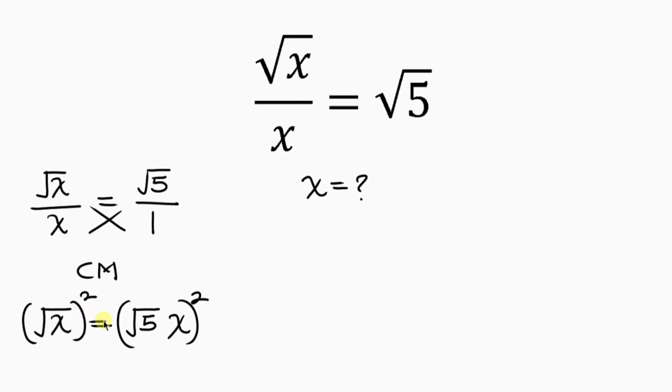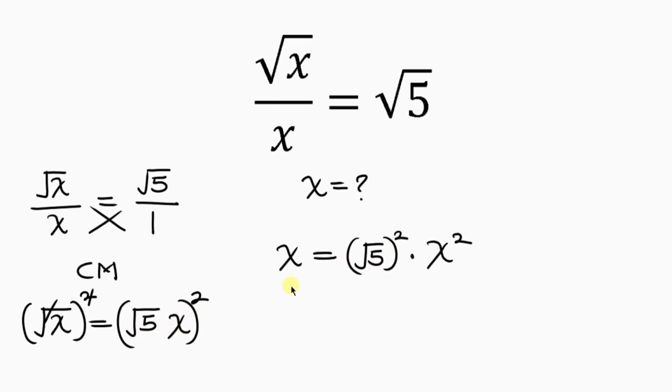Now notice that the left hand side square will cancel out square root, leaving behind x to be equal to, on the right hand side, this square affects the square root of 5 and it also affects x. That means it can be written as the square root of 5 squared times x squared. Very good. Distributing the powers to the two terms.